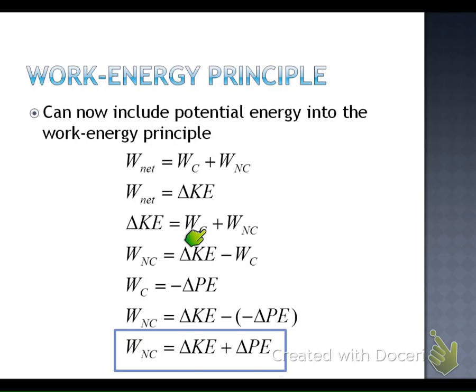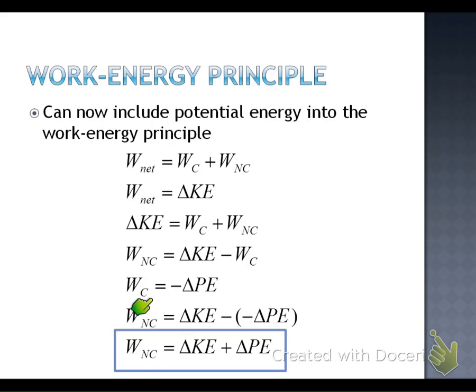If we rearrange this equation to isolate non-conservative forces by itself, we get the work of non-conservative forces equals delta kinetic energy minus conservative. We just talked about how potential energy can only be found for things that have conservative forces exerted on them.